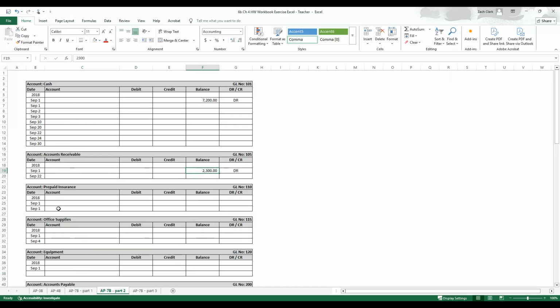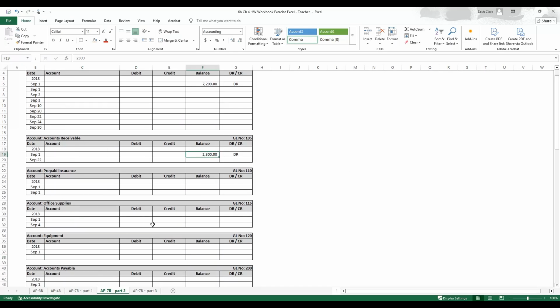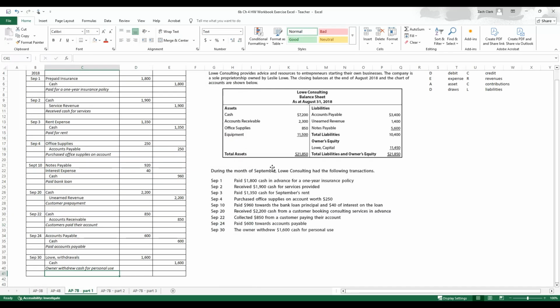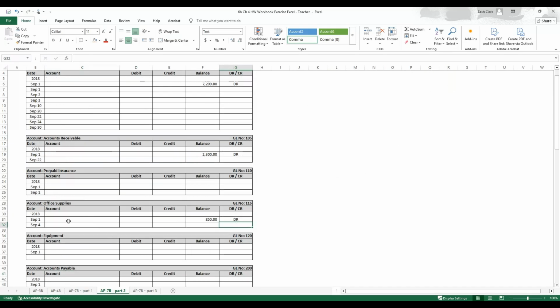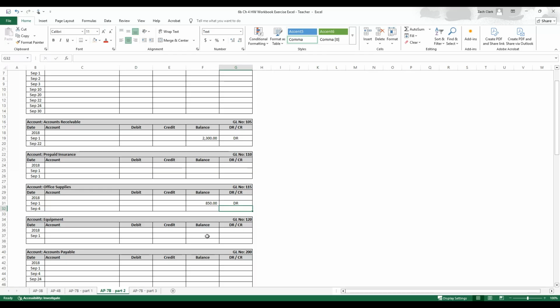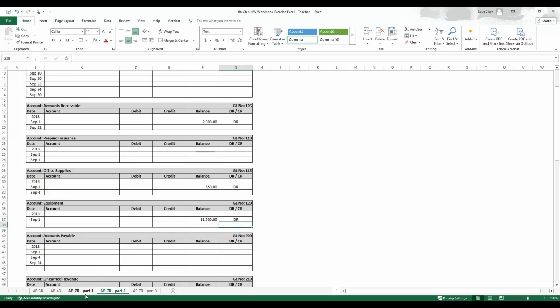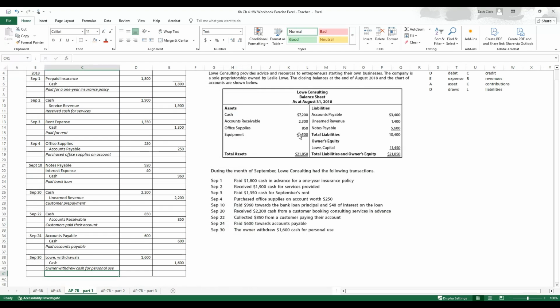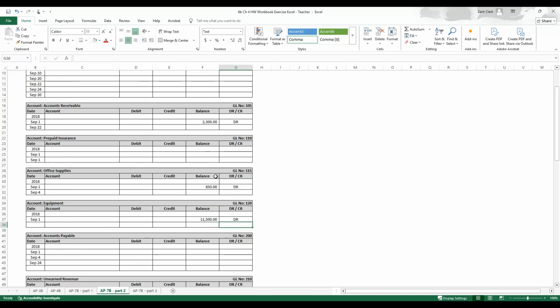Okay, office supplies had $850, so let's come down to the office supplies account. Okay, and then equipment had $11,500, so we'll come down here. Okay, so that's all of our assets.